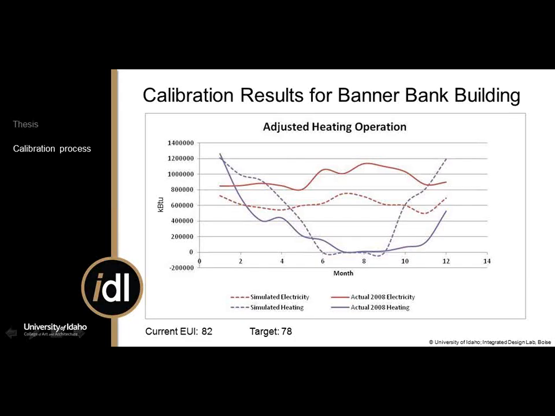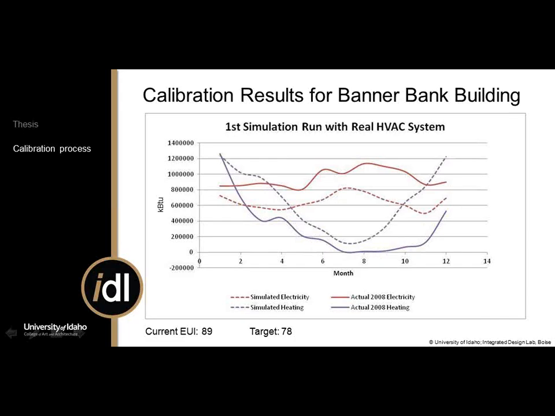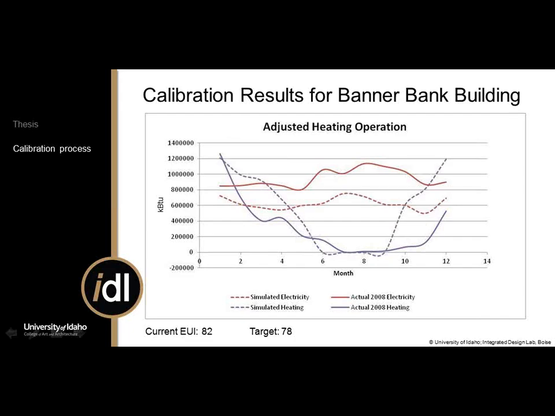I adjusted some heating operations because in the one before I was getting gas consumption in the summer, and obviously they don't use very much gas in the summer. So I adjusted the hours of operation of the boiler or the geothermal system, because they don't have the boilers as backup in the building. That brought my energy consumption back down to 82.